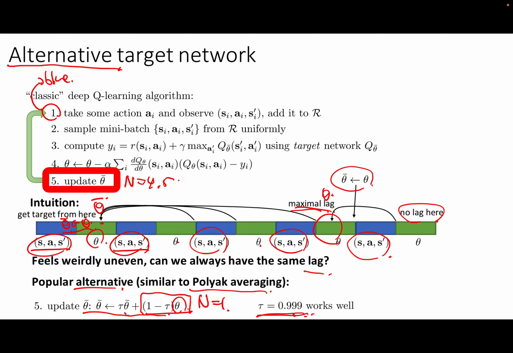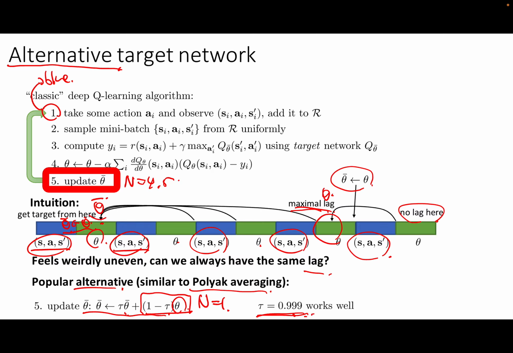That is Polyak averaging. So that is actually a popular alternative. In this way we can address the limitation of introducing a dedicated Q theta bar. By introducing Q theta bar, the training becomes stable but at the same time slower. The reason why it becomes slower is that it has outdated knowledge, right?